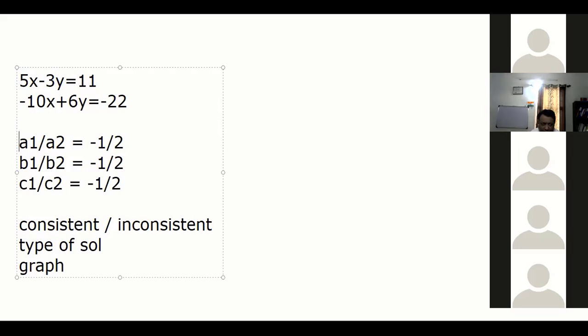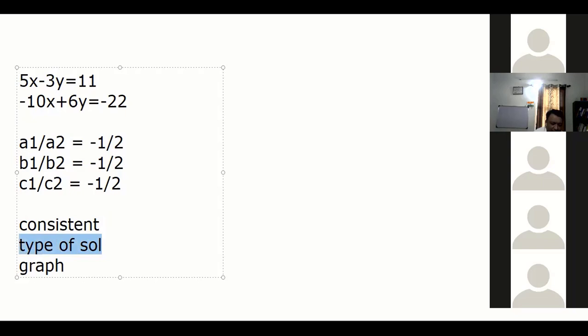Slesha, ask me, what is the doubt? Sir, here A1 upon A2 equal to 1 upon -2 ना? 1 upon -2 क्या होता है, हाँ, that is -1 upon 2. Correct. Good. b1 by b2 भी वही है, c1 also, so all three are equal. So first of all ये consistent हो गया क्योंकि solution तो है. किस टाइप का solution है?